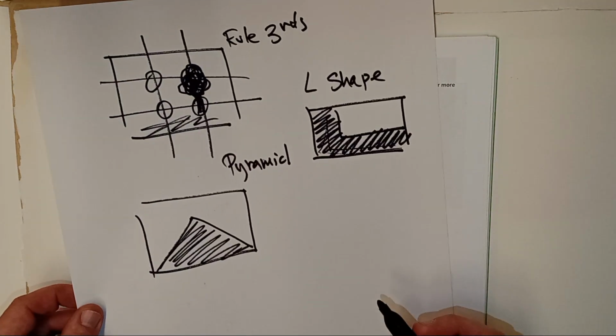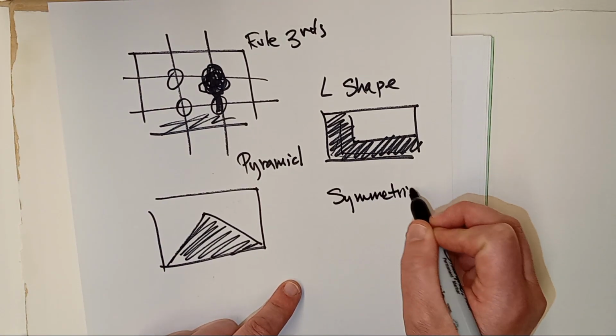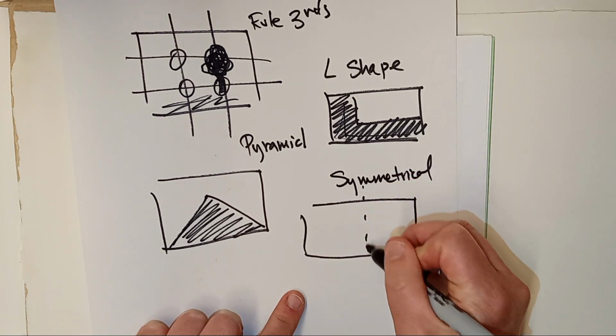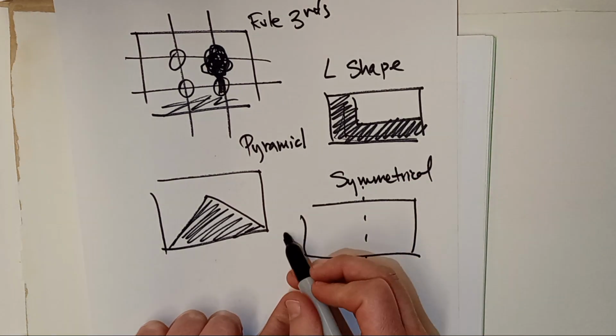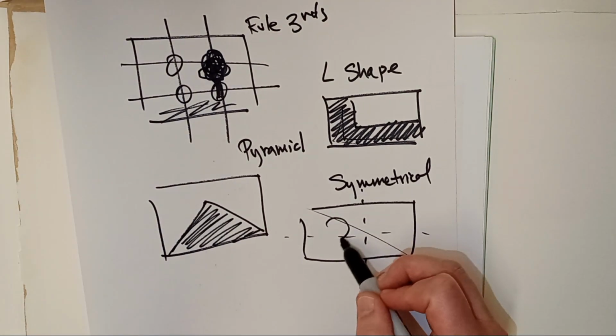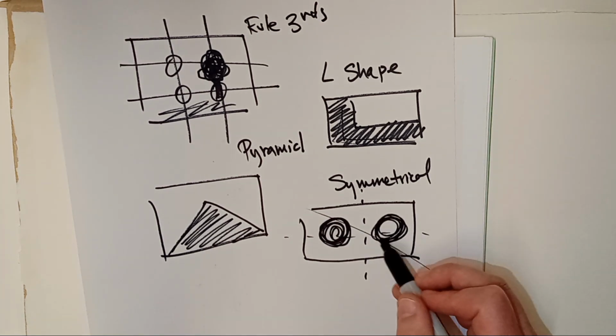And the third one is symmetrical. That essentially means if I divide my picture plane in half this way, or if I divide my picture plane in half that way, or diagonally, it doesn't matter, if I have something over here, it needs to be copied with something over there.